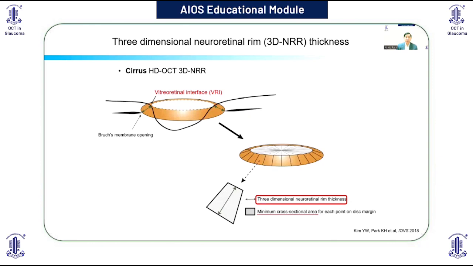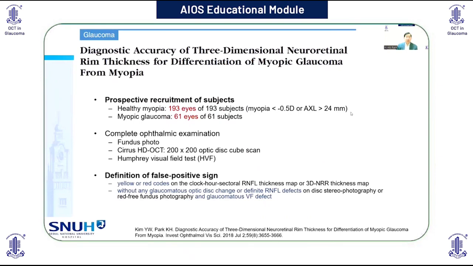We call that three-dimensional neuroretinal rim thickness, 3D NRR thickness. So the thickness was measured from the Bruch's membrane opening to the vitreoretinal interface. So in myopic glaucoma, we investigated this three-dimensional neuroretinal rim thickness, whether it has a good ability to detect glaucoma in those myopic eyes.